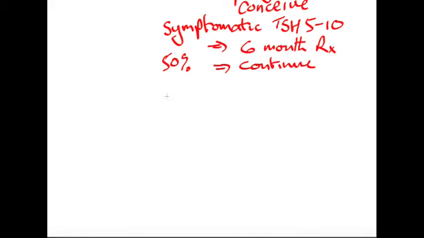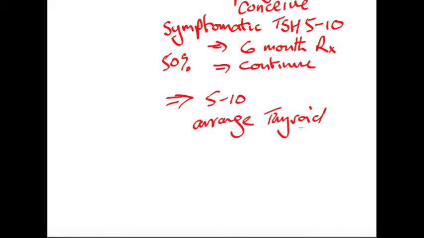Now, at this stage, if they are subclinical and their thyroid-stimulating hormone is between 5 and 10, it's worth arranging for the thyroid antibodies to be checked. Now, we mentioned the antibodies higher up here, but check what their thyroid antibody levels are.